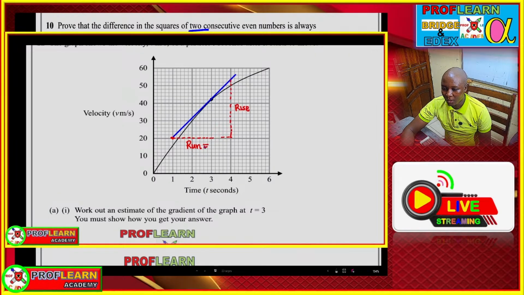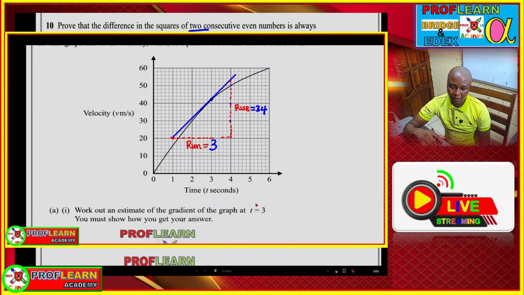Then we can check what is the run, because you can see the point is running from 1 all the way to 4. The run is approximately 3, and the rise, to be precise, is around 34. But I'm going to approximate, because in this question you are told to work out an estimate of the gradient.